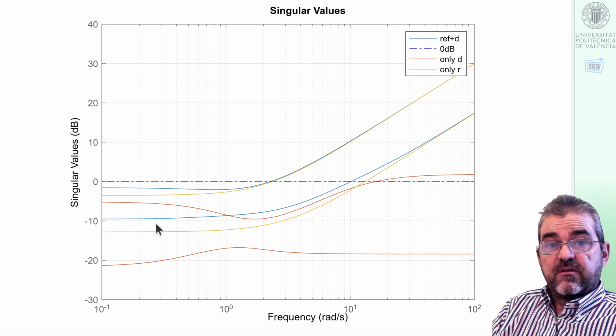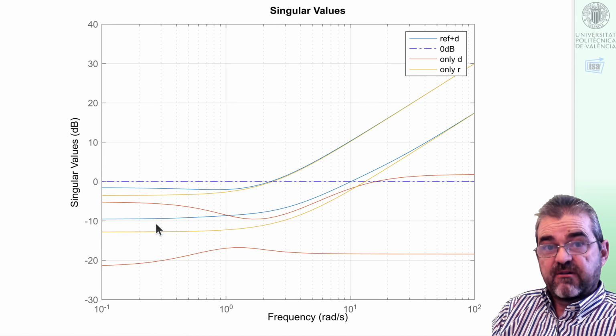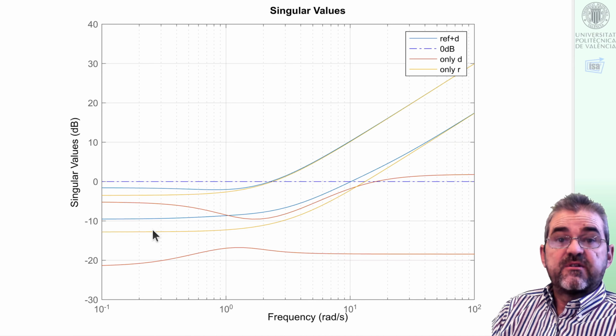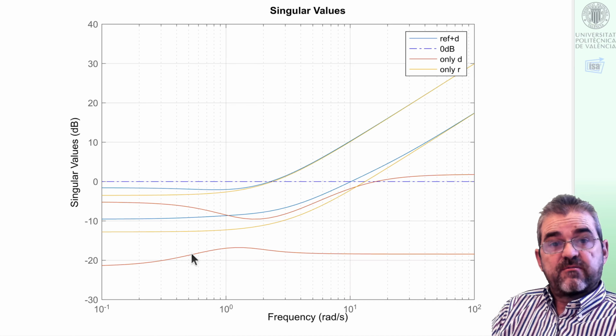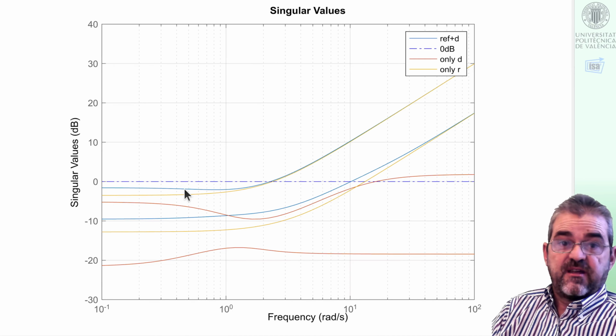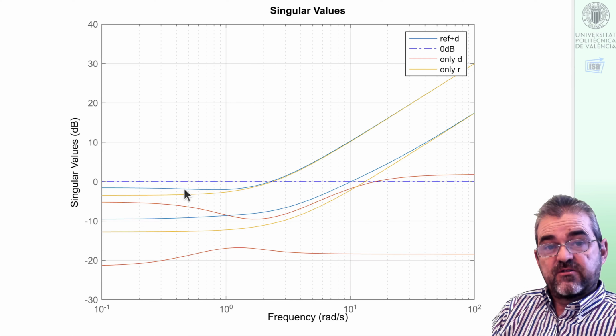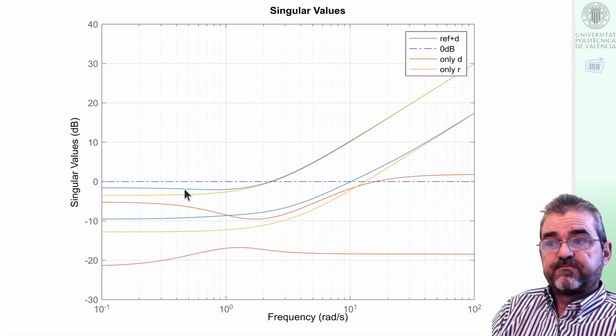Recall that the units of these transfer functions we are comparing, the outputs of them, are manipulated variables U, so an easier problem is the one with lowest required manipulated variable increment. So well, yellow is easier than blue, and of course red, only disturbance rejection, is easier than combined disturbance rejection plus set point tracking.